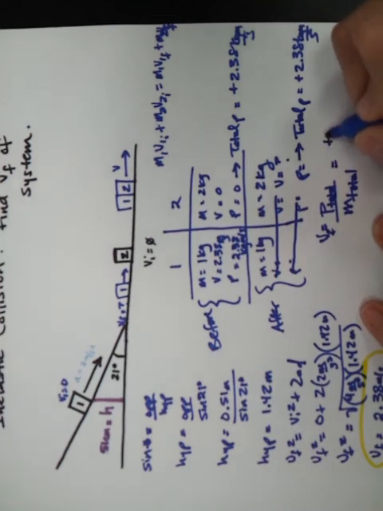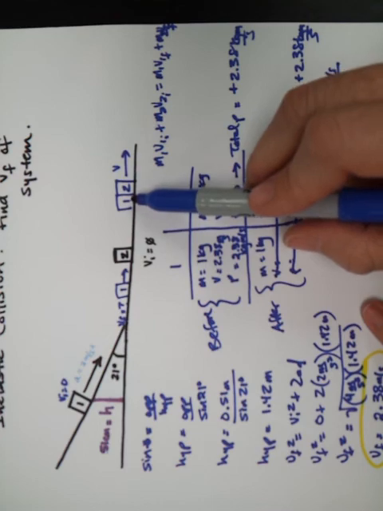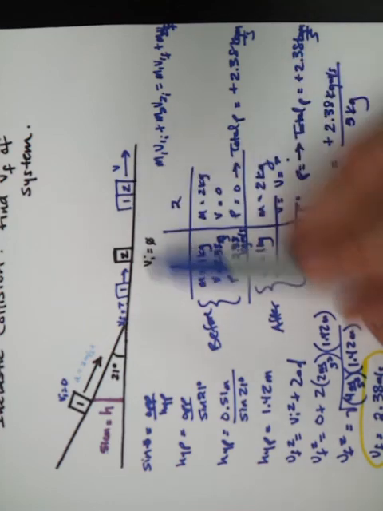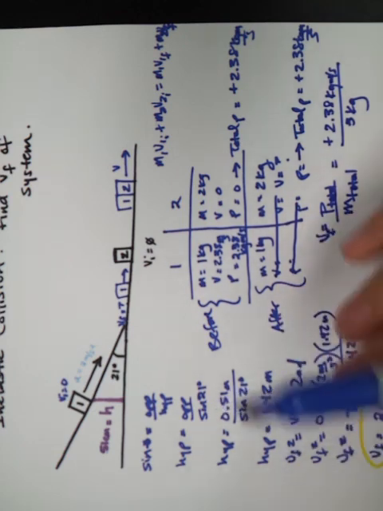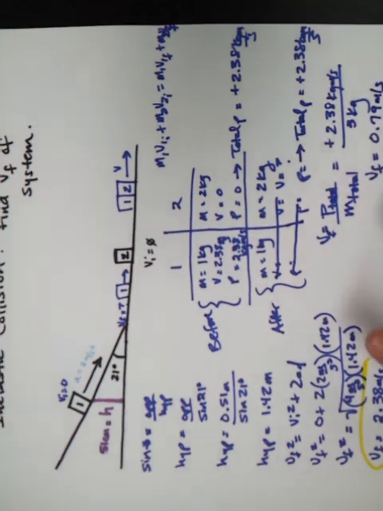So we take our values, positive 2.38 divided by the total of the masses, which is 3, because they're moving together, they're joined, kind of like a pulley system in which the two attached masses will affect how the system itself accelerates. If they were detached, then we'd have to work it a different way. But our final velocity here is 0.79 meters per second.